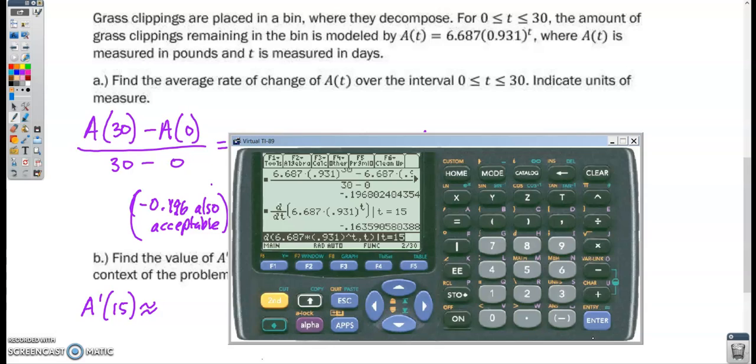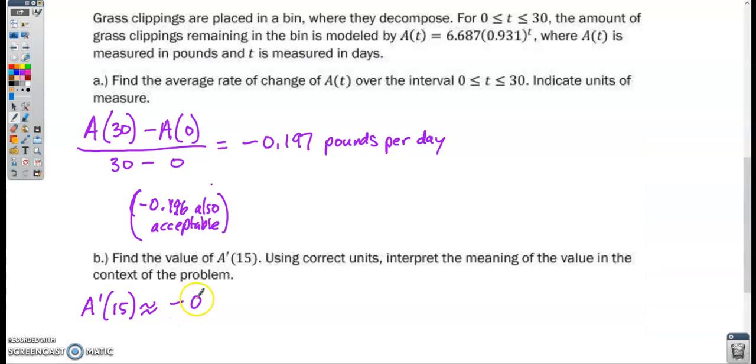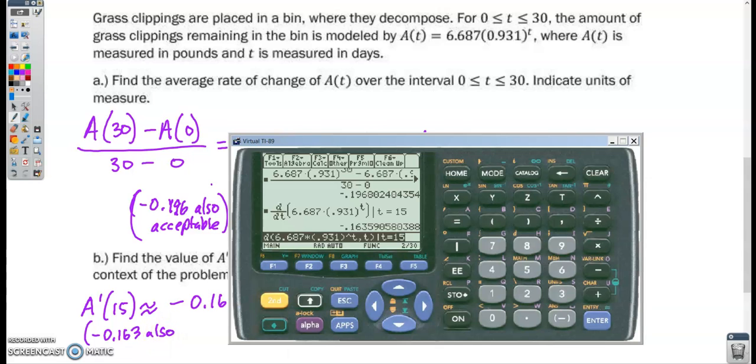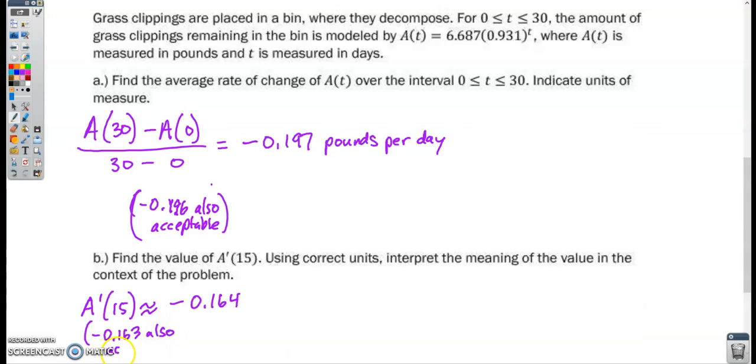and we get negative 0.164, negative 0.163, also acceptable. If you look at what my calculator gave me, we can truncate. And now I'm supposed to interpret the meaning of the value in the context of the problem.